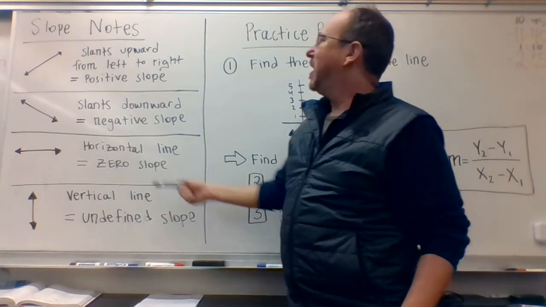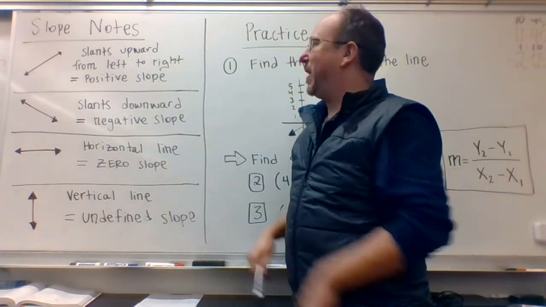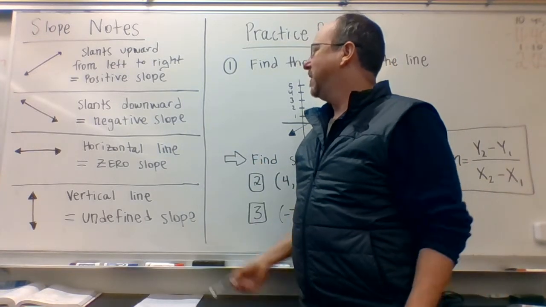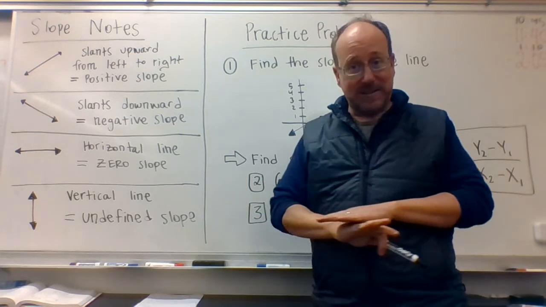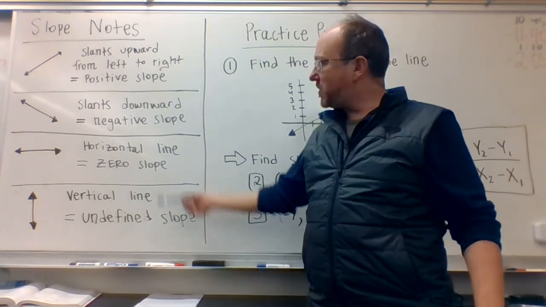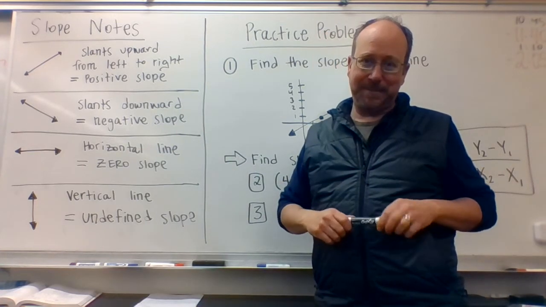You just know that. If a line is slanting downwards, like going down the mountain, then it is a negative slope always. If it's a horizontal line, we say it has a 0 slope. And if it's a vertical line straight up and down, we say the slope is undefined.